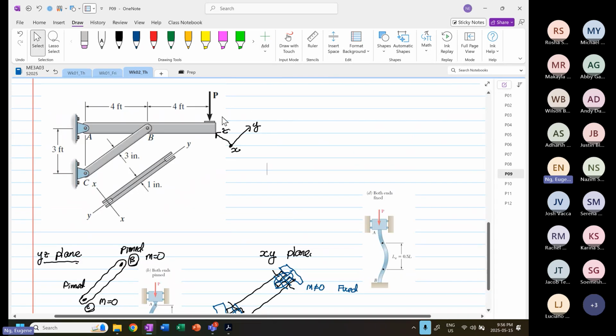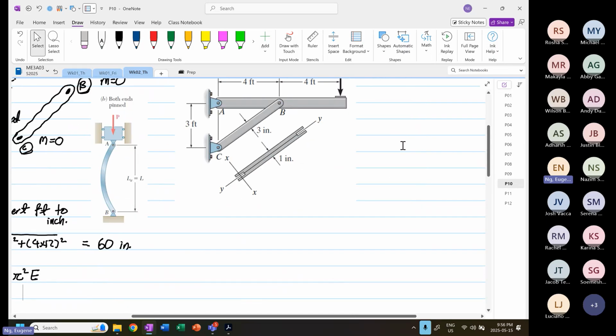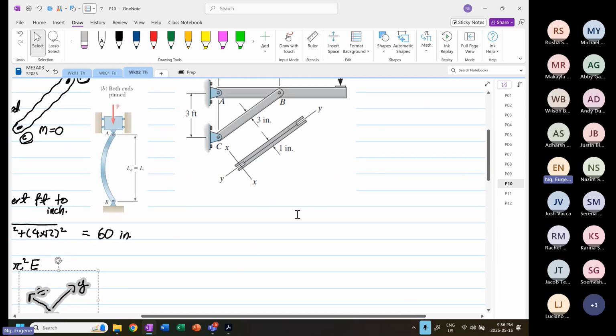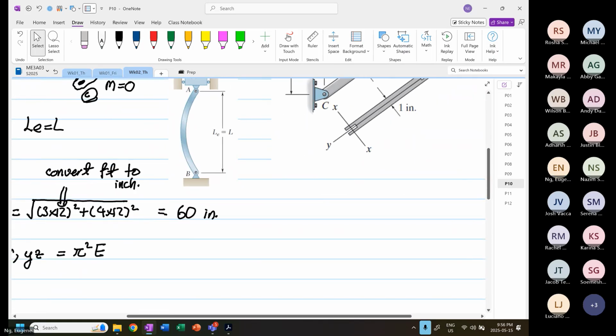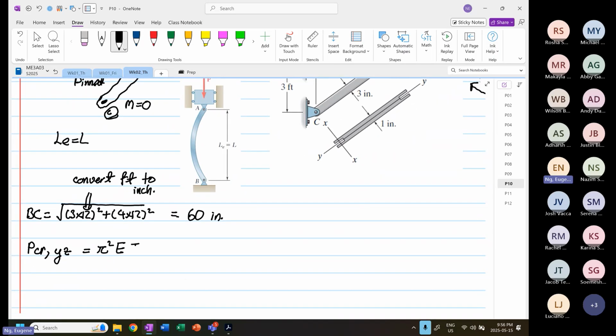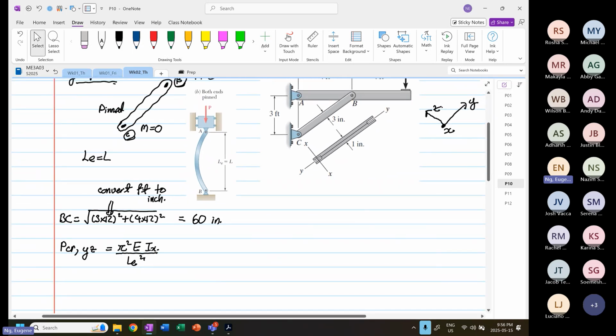If you lose the transformation, we are in trouble. I mean, I'm in trouble. So this is our transformation: it's equal to pi squared E Ix over our LE squared. So first we have to determine our Ix.